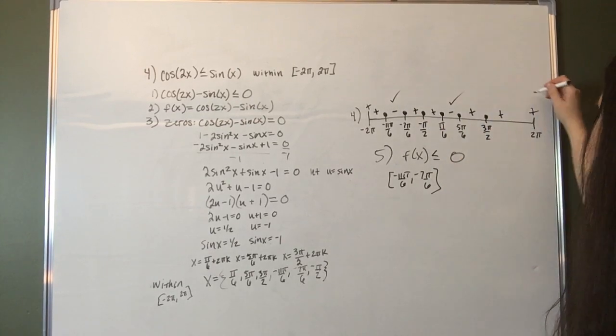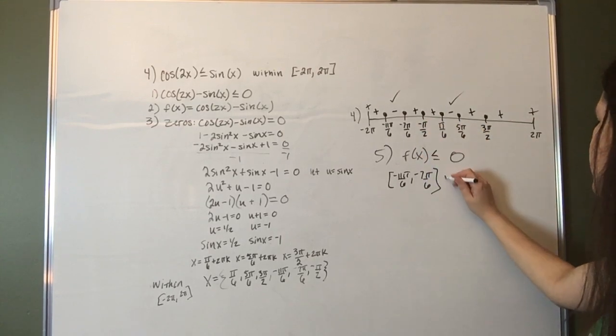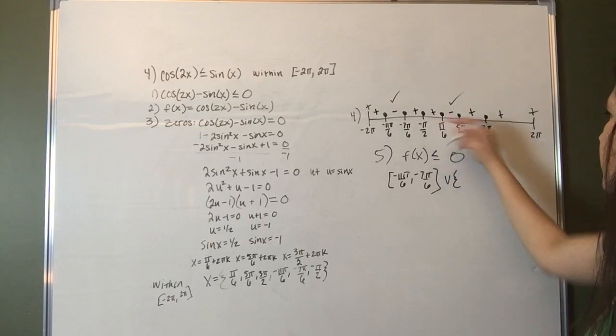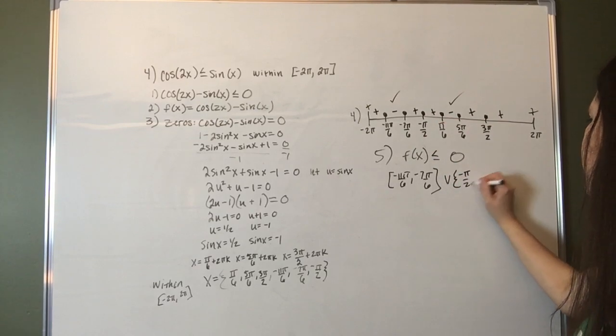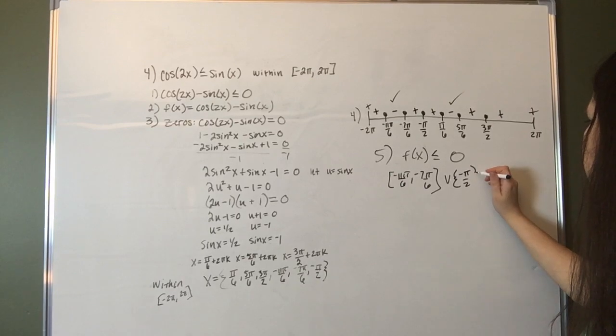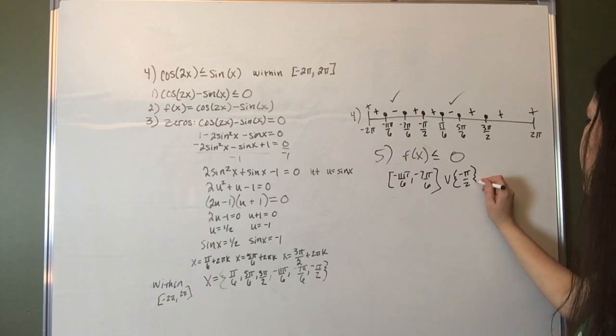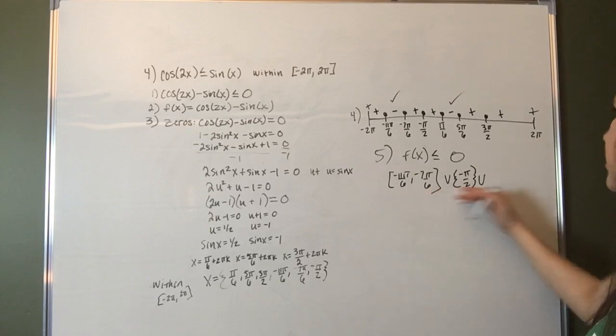We have this negative interval as well. But you know what? We want to also include all the zeros. So there's certain zeros here, like this negative pi over 2, that's kind of off on its own. So I'm going to put that in just a brace. I'm going to go least to greatest.